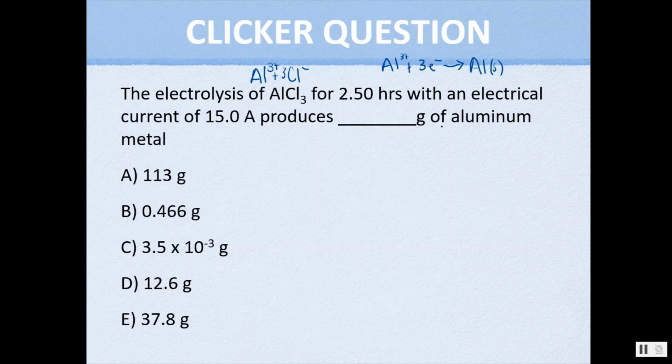And I want to know how much aluminum I produce if I apply a current of 15 amps for 2.5 hours. So again, you'll want to use that charge is equal to time times the current.